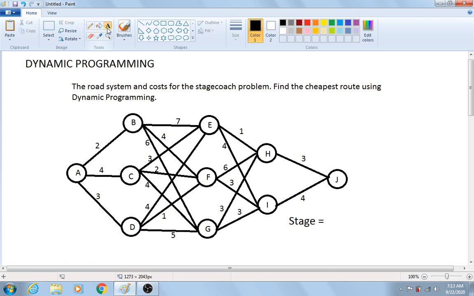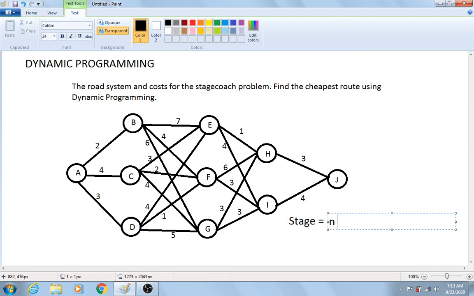For this problem, the label for the stage is n, and we have stage 1, stage 2, stage 3, and stage number 4.